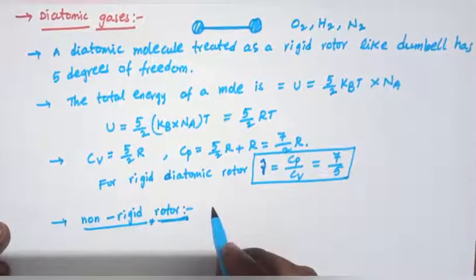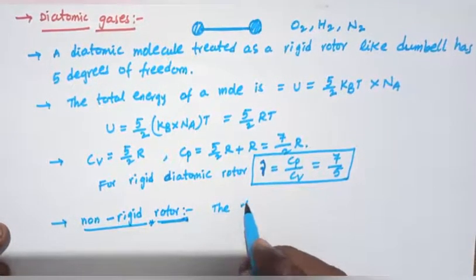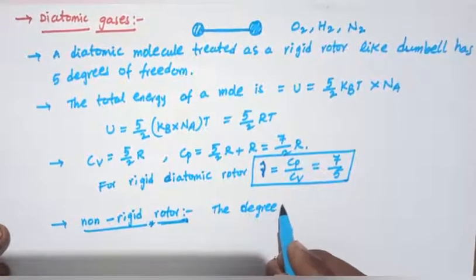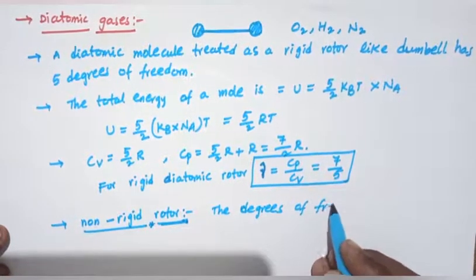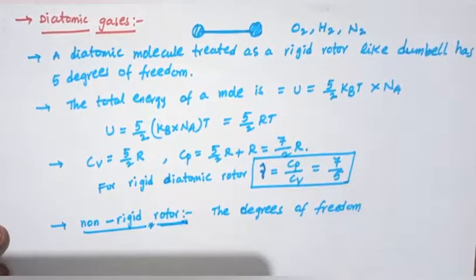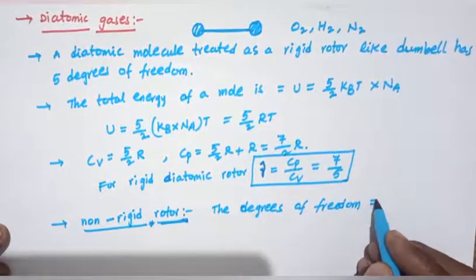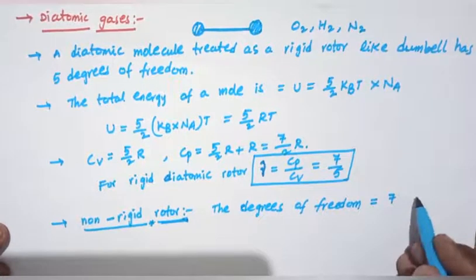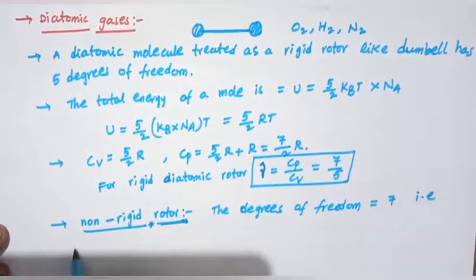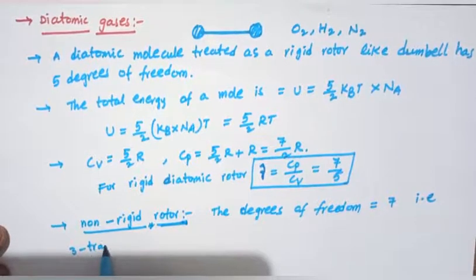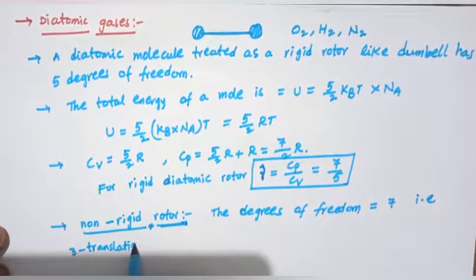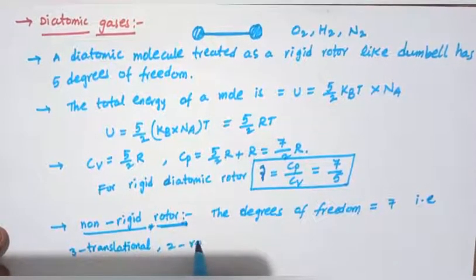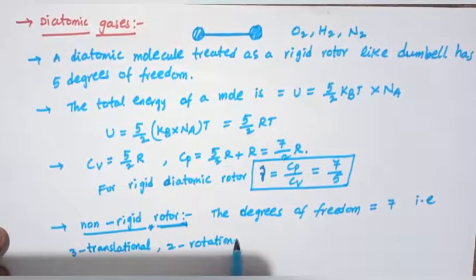Then the degrees of freedom equals 7, that is 3 translational, 2 rotational and 2 vibrational.